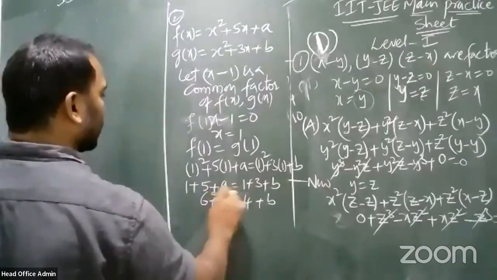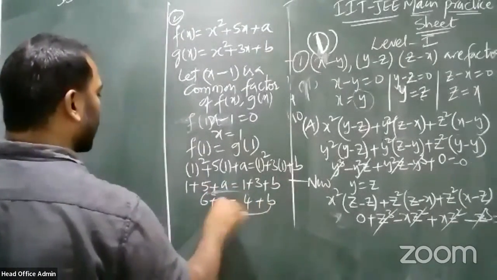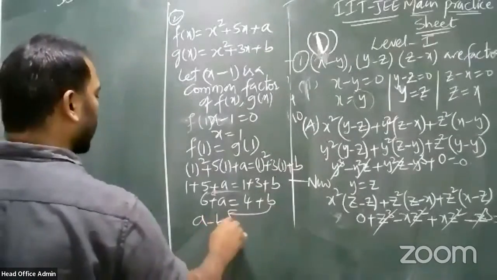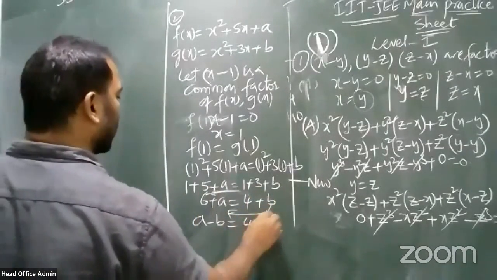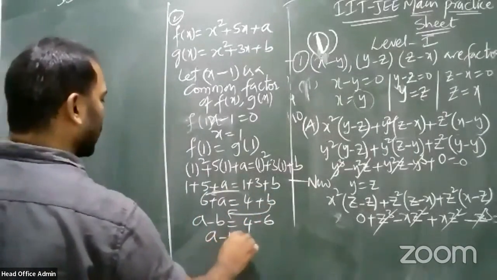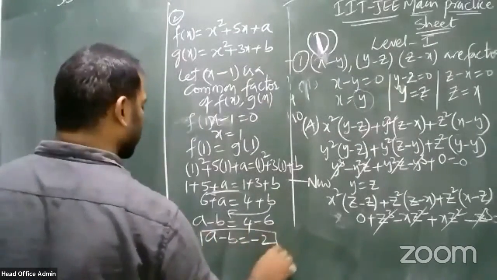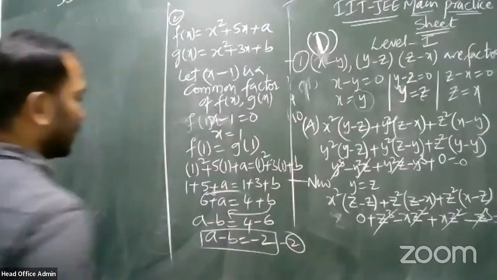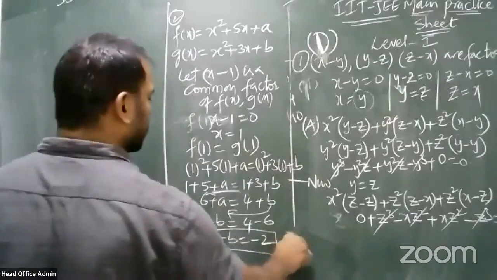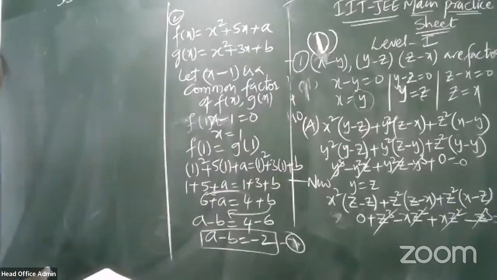I just take variables to one side: b comes here as minus b, and 6 comes here as minus 6. So a minus b equals minus 2. This is number 1. a minus b equals what? Minus 2.